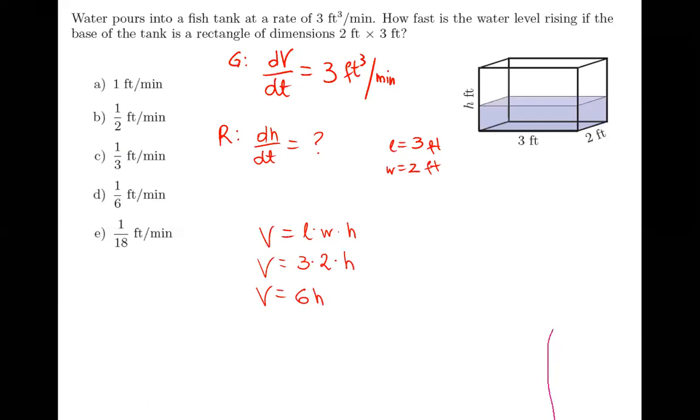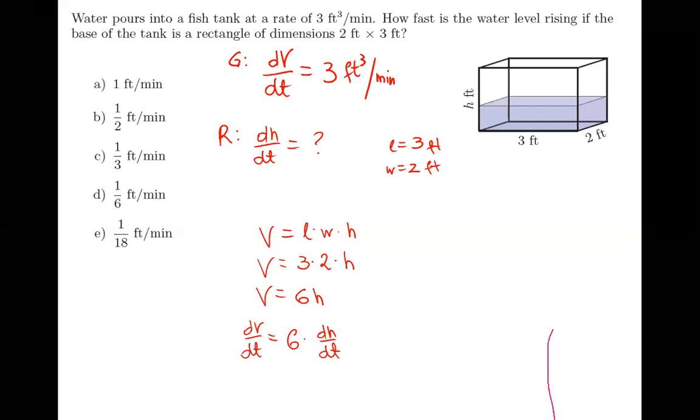Now I have a relation between V and h, but I have to differentiate because I need the relation between the rates, related rates. The derivative of the volume is dV/dt. The derivative of 6h is 6 times dh/dt. As I said, every single label, every single quantity that is unknown, is a function of time.